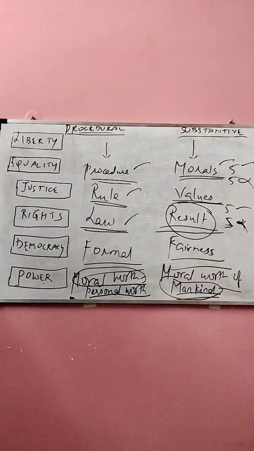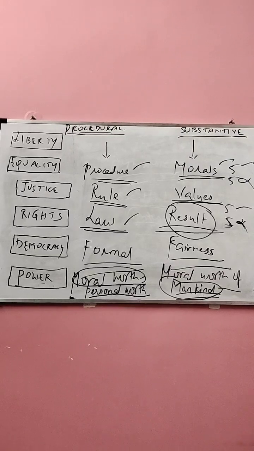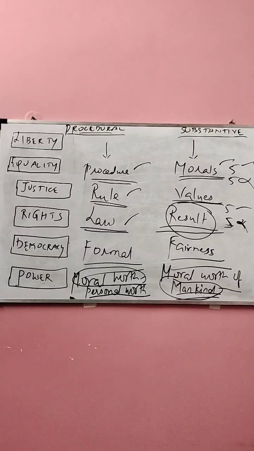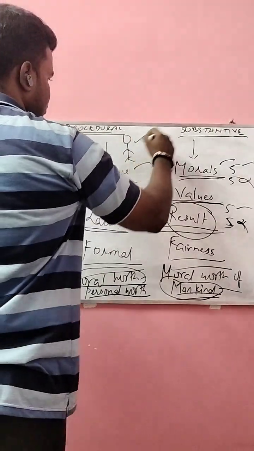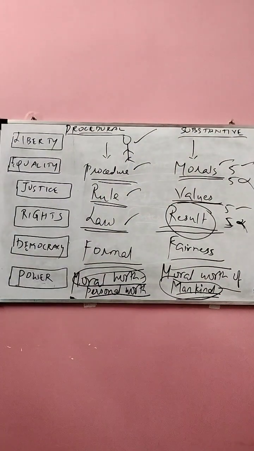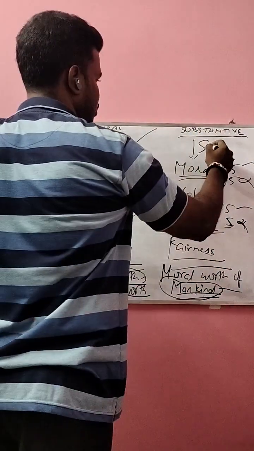So this is the difference. So please understand that procedural takes into account the individual, but substantive takes into account society.